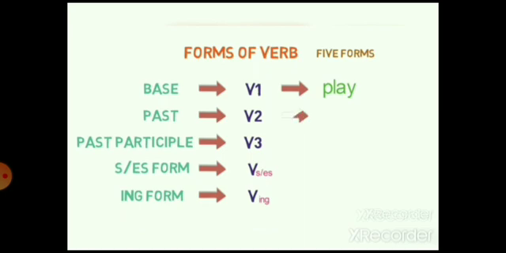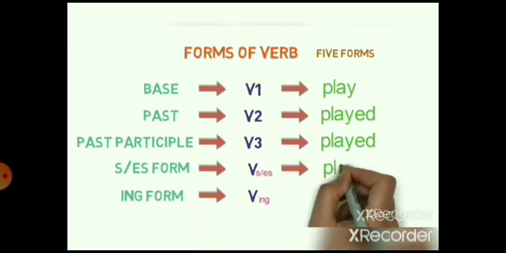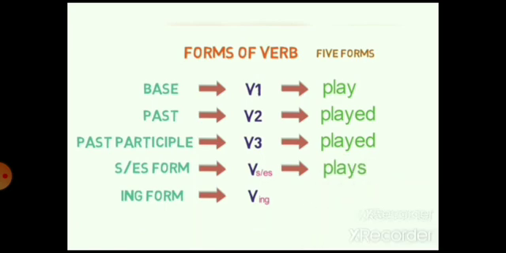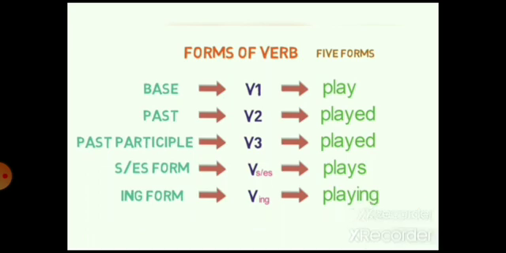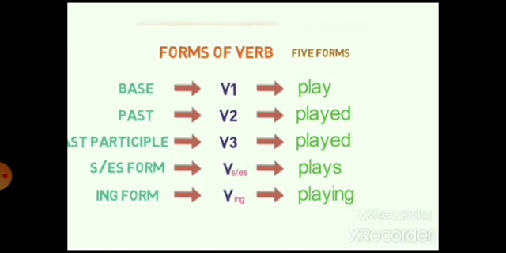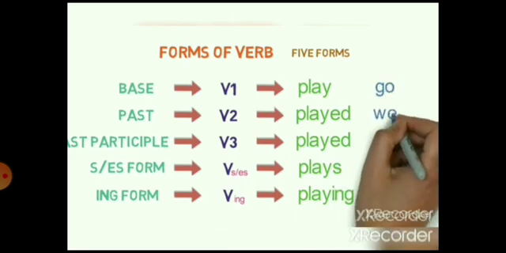Let's look into an example of the verb play. The base form of play is play, the past form is played, the past participle is played, the S or ES form is plays, and the ing form is playing. Let's look into one more example, the verb go.